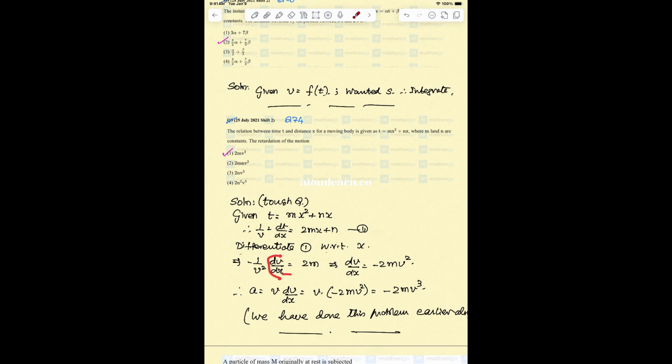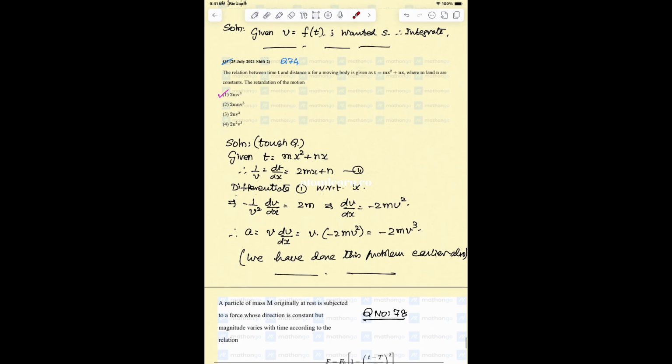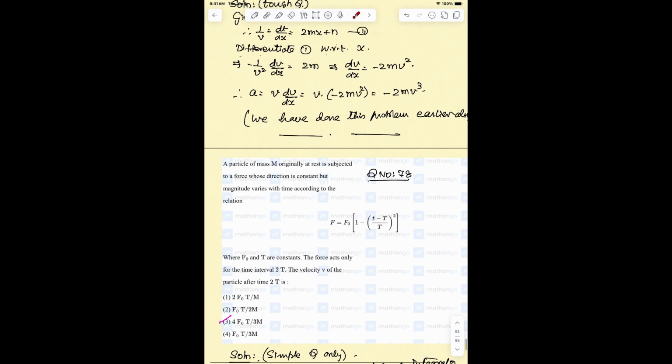Therefore, from here you take dv by dx like this, and then substitute back into acceleration equal to v into dv by dx. We did a similar kind of problem earlier just now. Therefore you get 2mv cube.